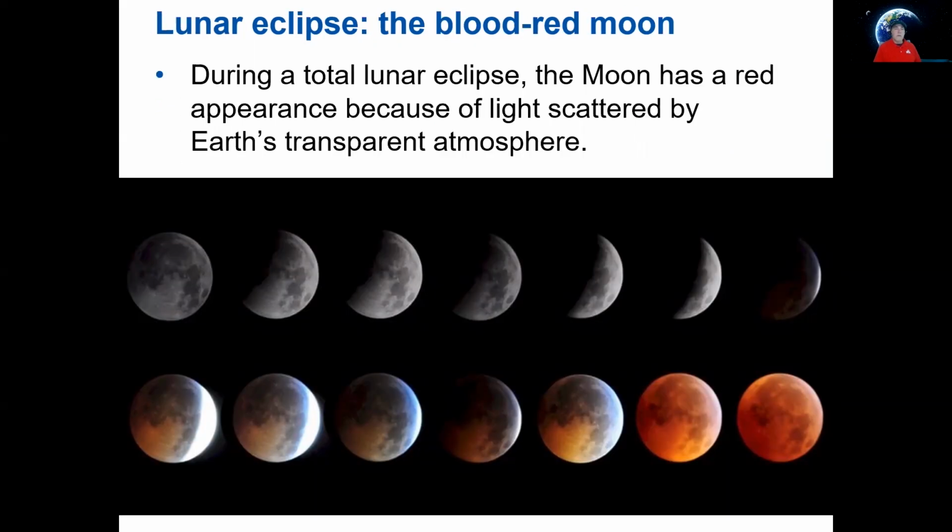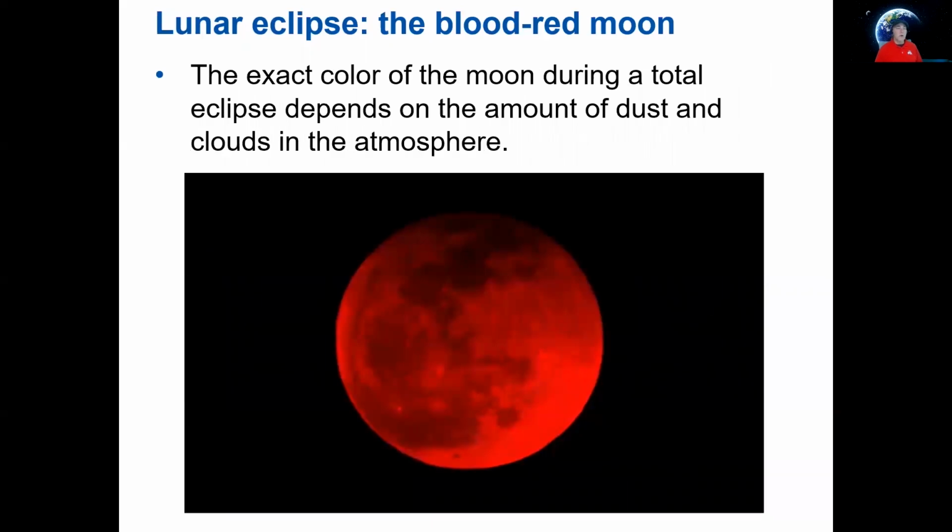The moon may turn red or coppery colored during the total portion of an eclipse. The blood moon, as it's called, is possible because while the moon is in total shadow, some light from the sun passes through Earth's atmosphere and is bent towards the moon. While other colors in the spectrum are blocked and scattered by Earth's atmosphere, the red light tends to make it through easier.